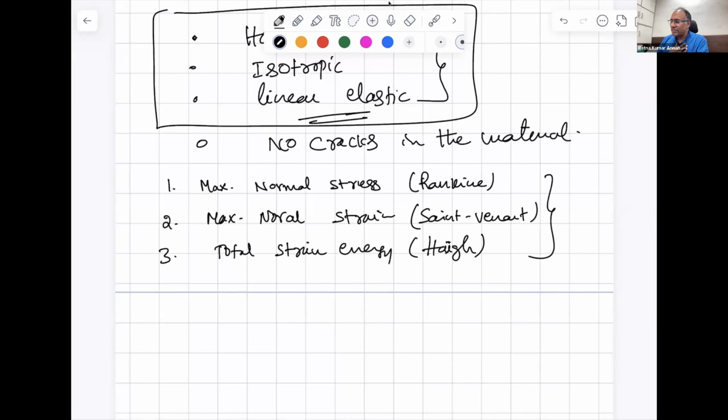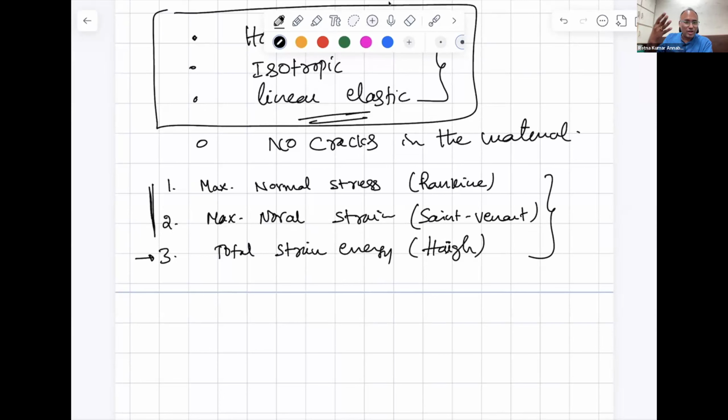But the problem with these theories, see, this is a very good progress from the first two theories to the third theory, because the first two theories are dealing with a tensorial quantity, and that tensorial quantity is compared to a scalar. Yield strength is a scalar quantity, right? Uniaxial yield strength. So comparing a vector with a scalar is not a good idea.